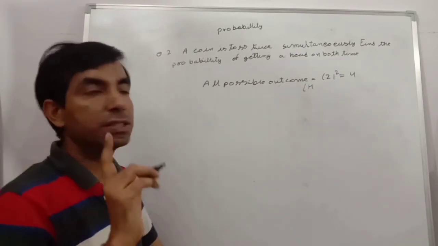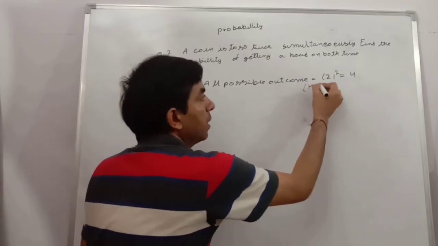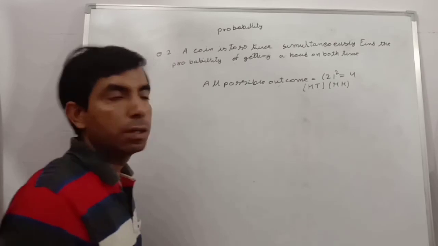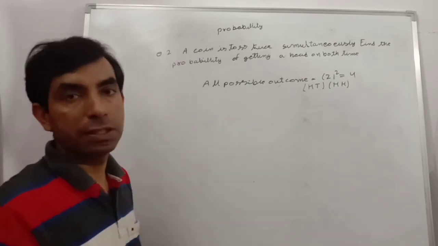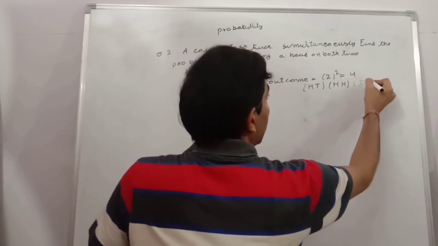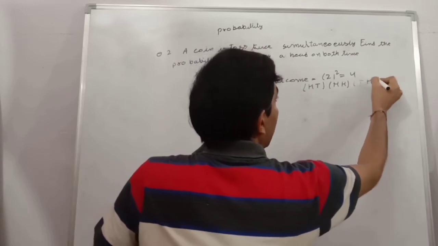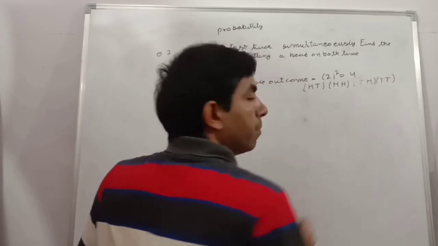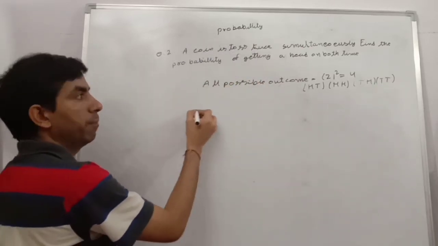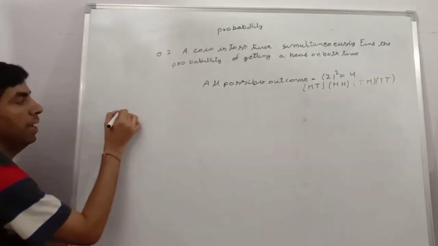Change in only the second. So head, tail and head, head. The second time I change the first, tail. Again repeat it. Tail, head and tail, tail. If you are confused, then always remember by this diagram.